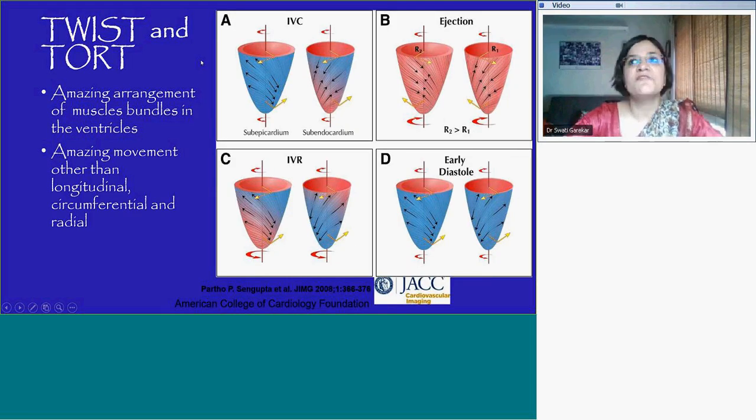In that phase, in the IVRT, up to the rapid ventricular filling, the ventricles untwist.